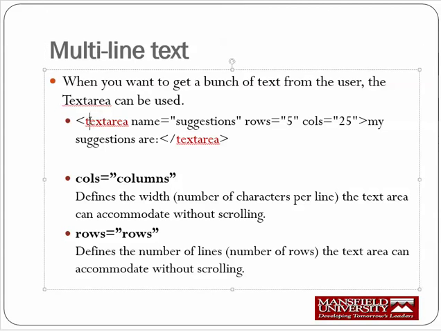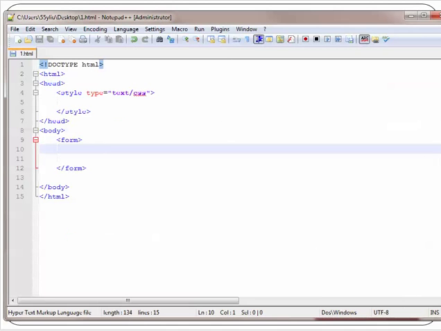So we have a text area. We have rows, columns, and a title like this. Let's take an example. We continue with the form.